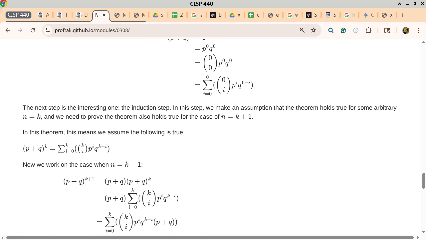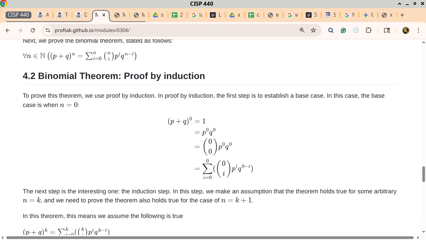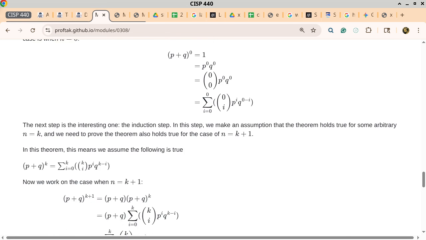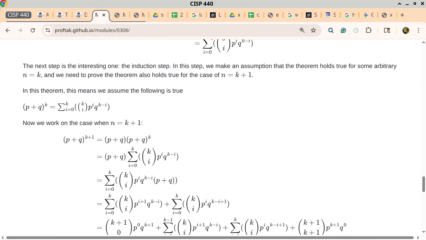For the induction step, we are making the assumption, or hypothesis, that (p plus q) to the power of some k, we don't know what that k is, it's just a natural number, equals blah, blah, blah, which is according to the theorem itself, except we replace the n with a particular k. Now we have to prove that it also works for the case when n equals k plus 1.